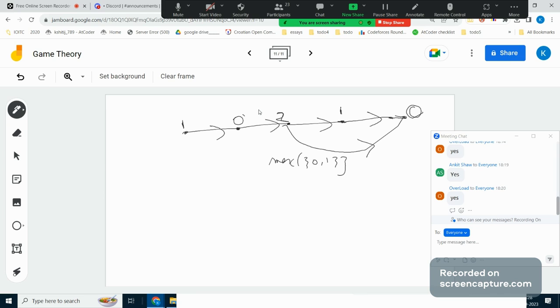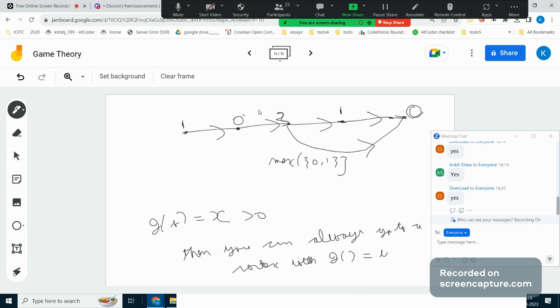Okay. So now one important thing to notice: if you are at a vertex with Grundy value x, say x is greater than 0, you can always go to a vertex with g equal to y for any y less than x.